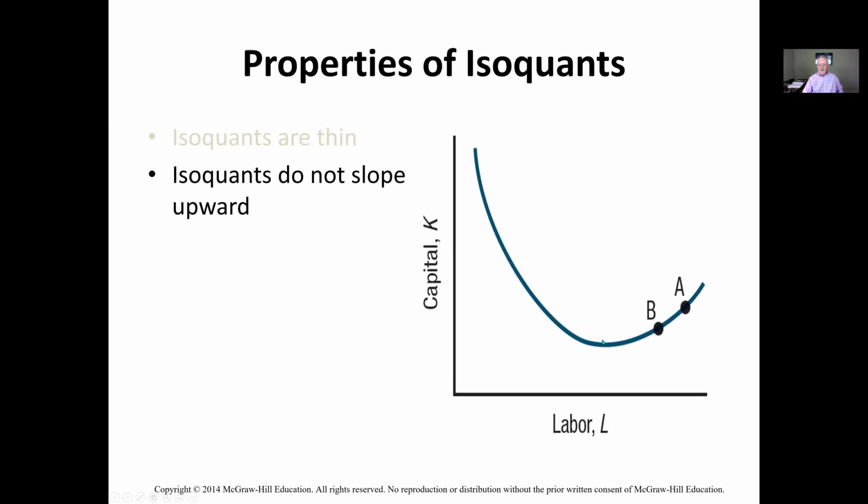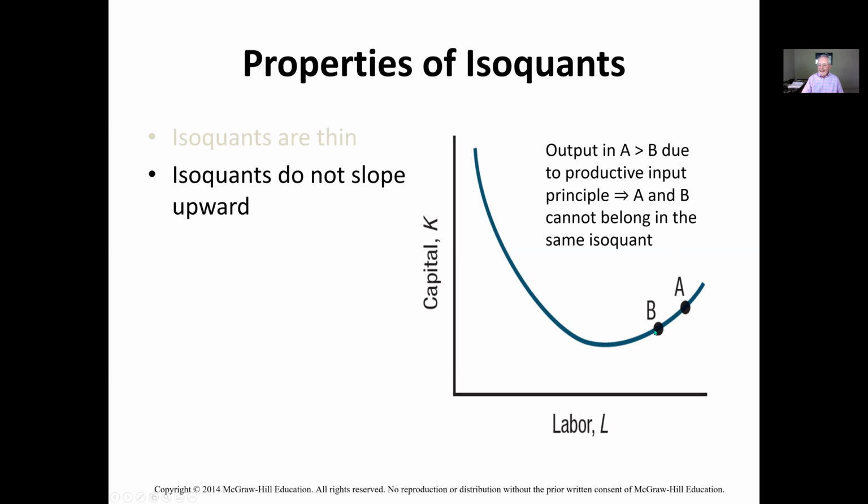Isoquants cannot slope upward. Again, and we'll talk about this in just a minute, the slope of the isoquant is indeed the ratio of marginal products of these two inputs. So the only way an isoquant could slope upward is if, note, going from B to A implies that we're adding more labor and more capital. The only way output could stay the same when we add both labor and capital would be if the marginal product of one of the two inputs was negative, so that by adding more of that input, that would cause output to fall.